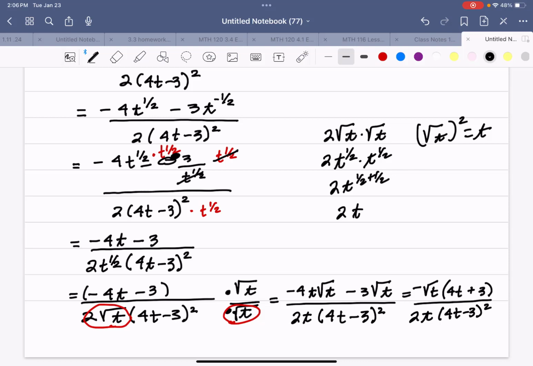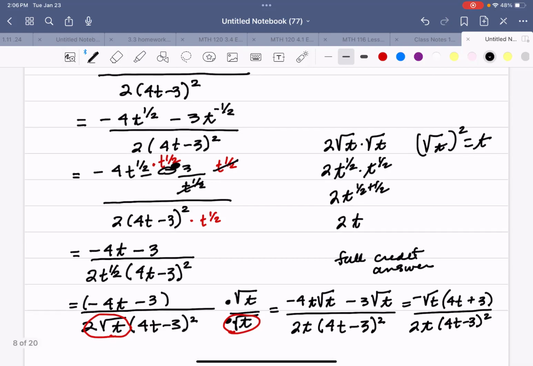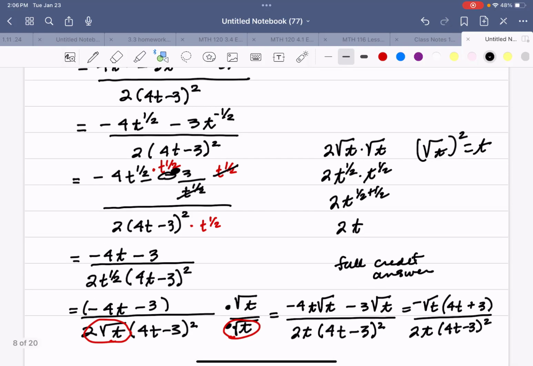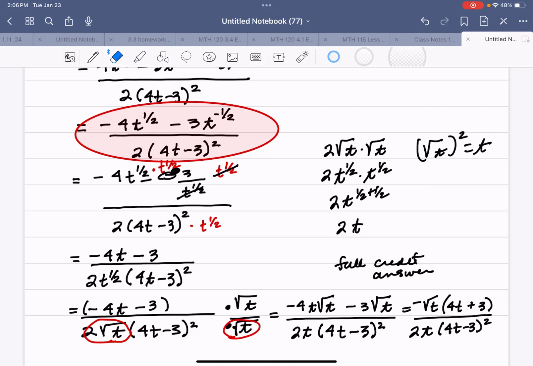Now, either one of these is a full credit answer, and if you can get to something like this, that's about a 90% answer. It's very, very close to the correct answer, but it's that negative exponent that's a problem.